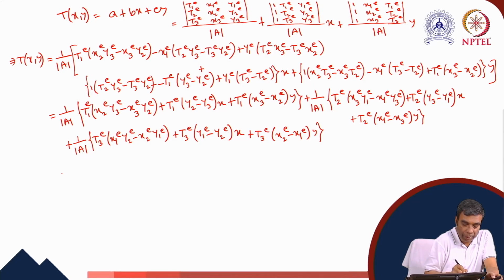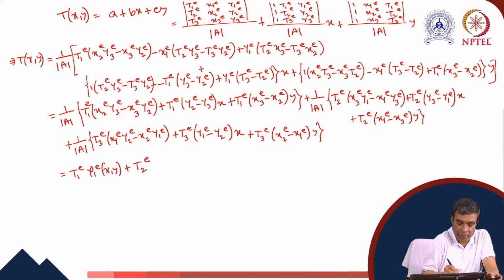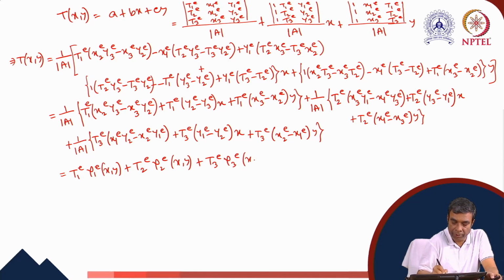So we can write them as T1e psi 1e xy plus T2e psi 2e xy plus T3e psi 3e xy.